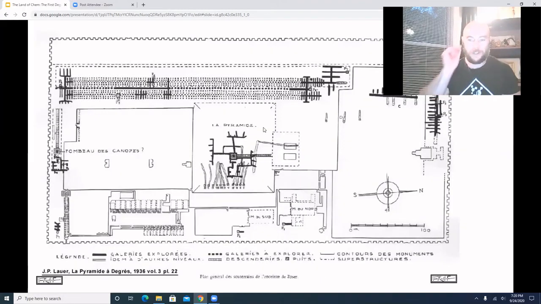Okay, so here's just another great diagram that shows the step pyramid complex in its full glory. Again, we know here that this temple adjacent to the pyramid on the north side would have been your slurry processing complex where that agricultural water and cattle manure slurry was produced.